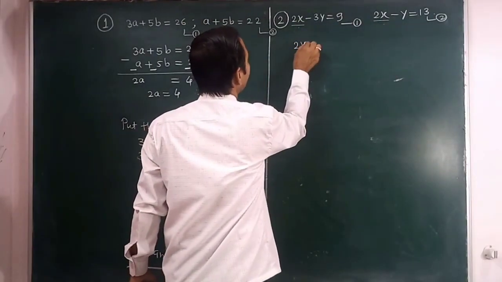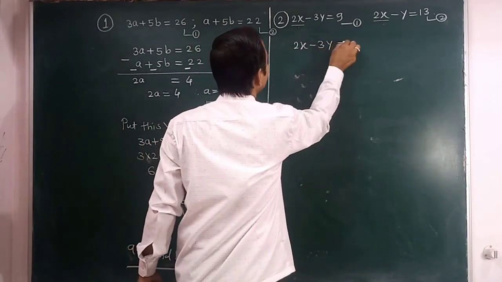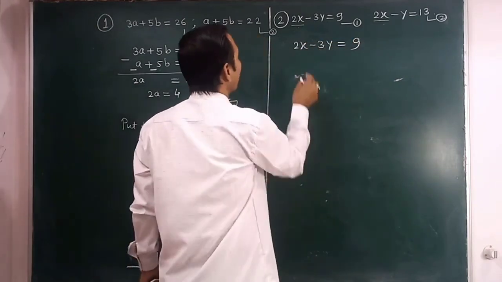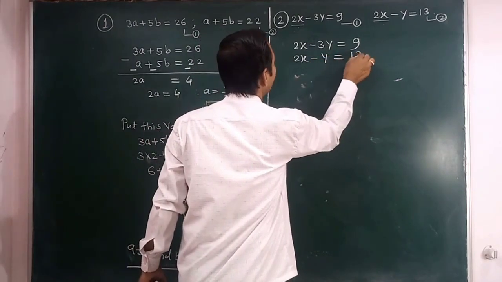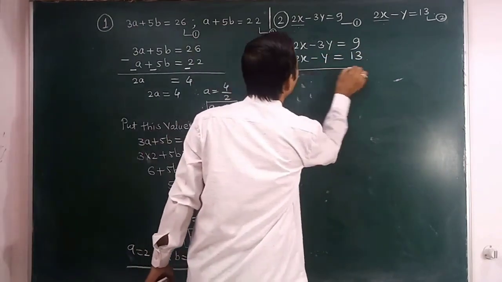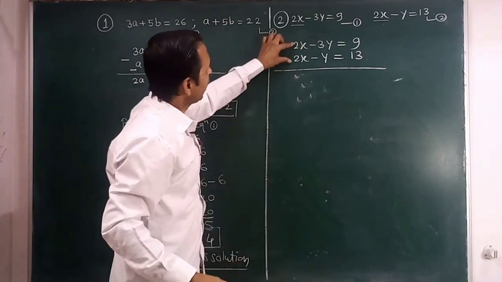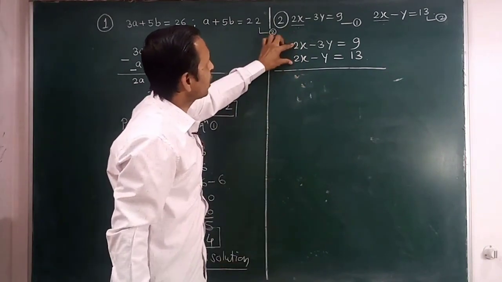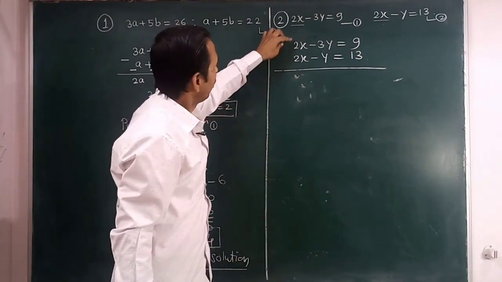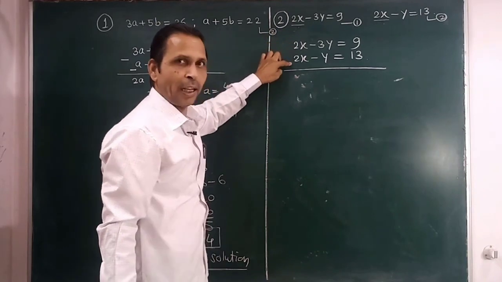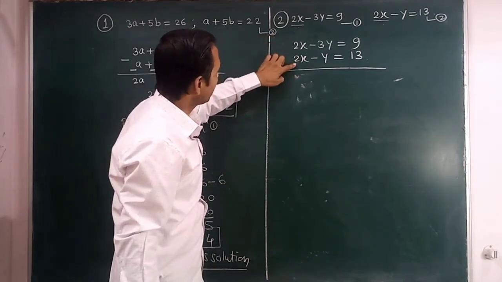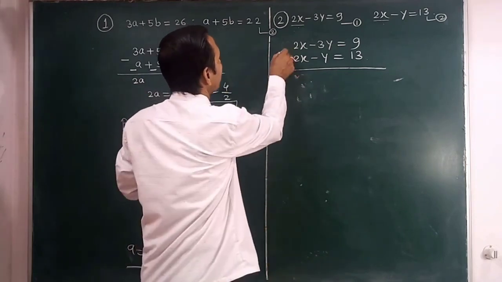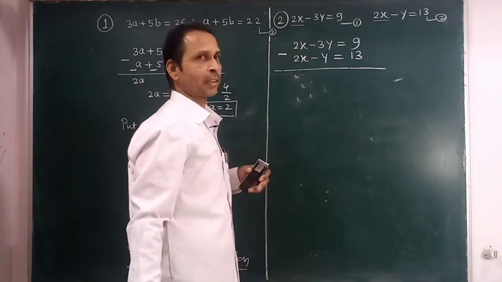Write here 2x - 3y = 9, and 2x - y = 13. Now the signs and coefficient of x are the same. We have to eliminate the x variable here, and that's why subtract the second equation from the first. That is, here is a subtraction.